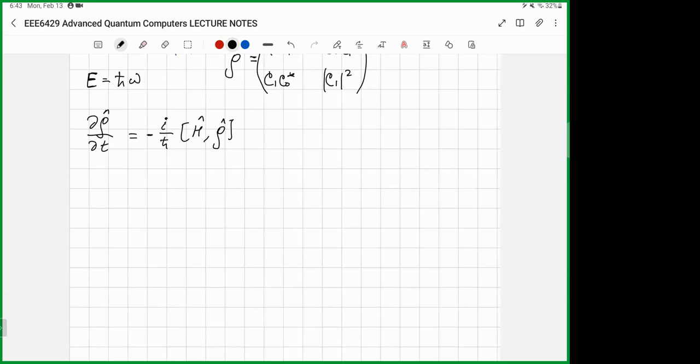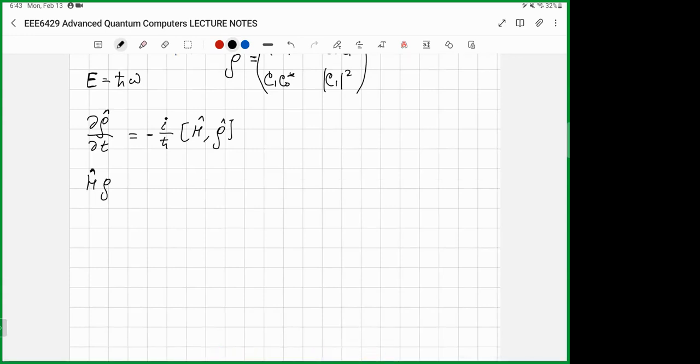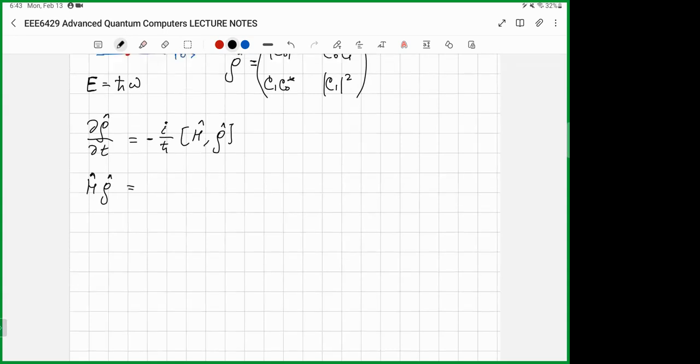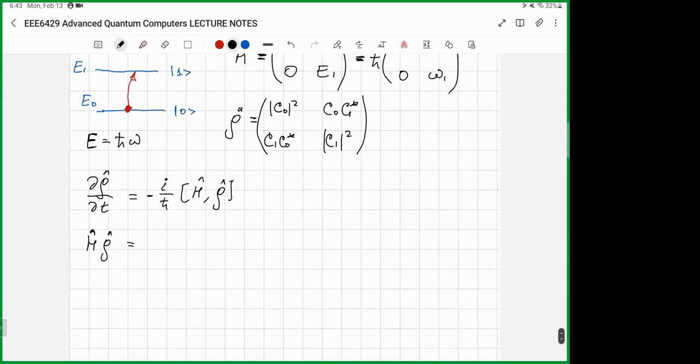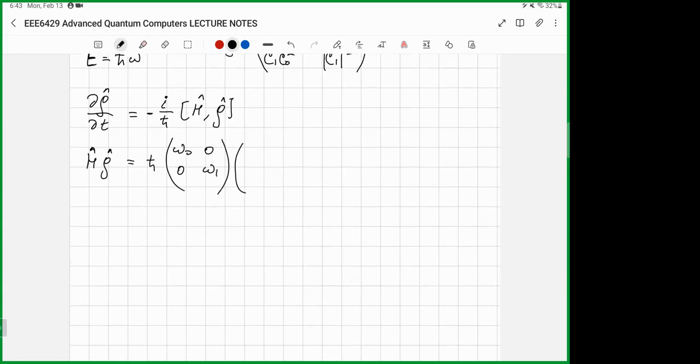So, we have two matrices. Let's first calculate the product of the Hamiltonian and the density matrix. It will be H bar, then omega 0, 0, 0, omega 1, the first matrix, and the second one.